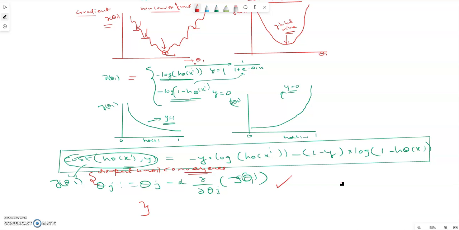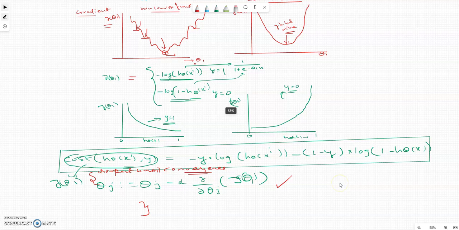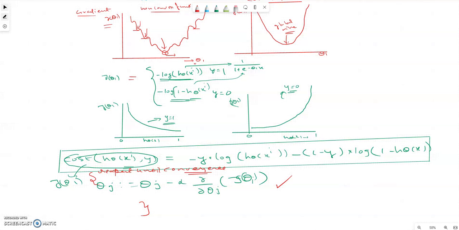Okay. So this is about the cost function and gradient descent of logistic regression.